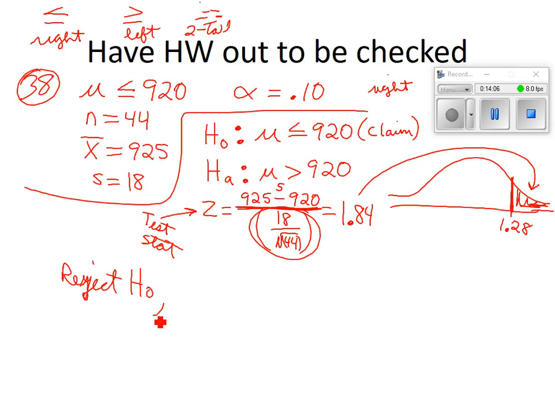So we're going to reject the claim, so we can say, using our alpha of 10%, confidence level, I should have said confidence level.